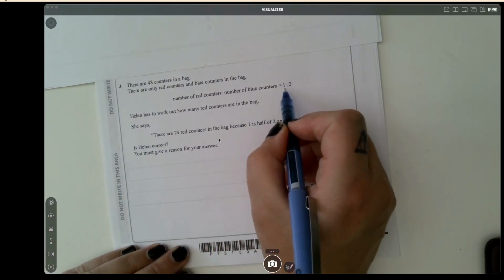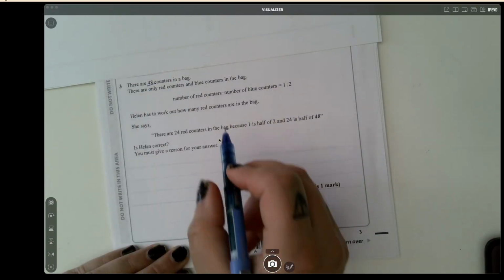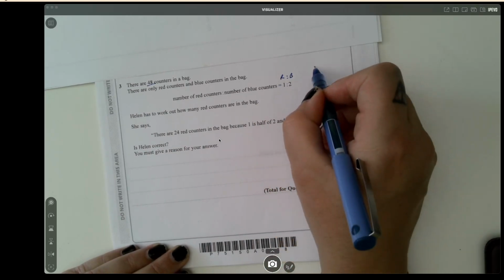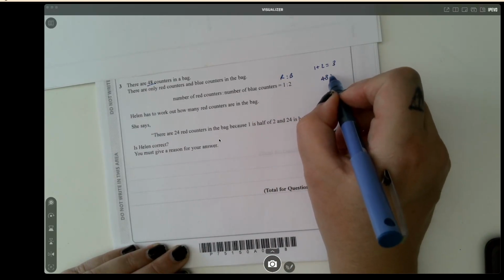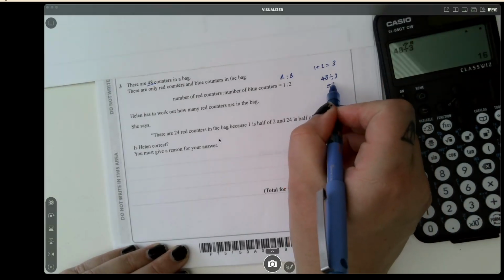Well, I'm going to start by working with this ratio to see if she is correct, because I know there's 48 counters in total and they're split red to blue. Well, that 1 plus 2 tells us there's 3 parts in total. 48 divided by 3 is 16.